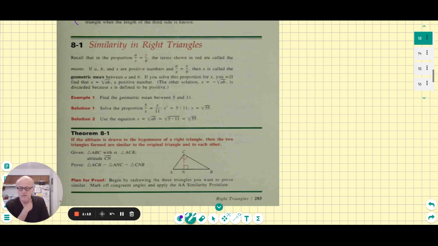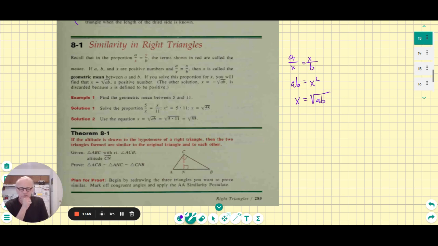In order to find what's called the geometric mean between two numbers, you set up a proportion a over x equals x over b. And x would then be called the geometric mean. All you have to do is multiply a times b, and that equals x squared, so that x, the geometric mean, is the square root of the product of those two numbers.